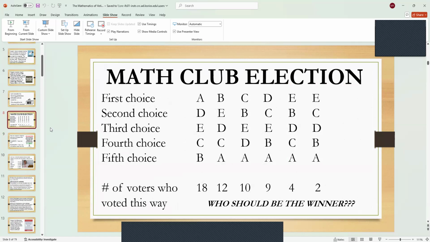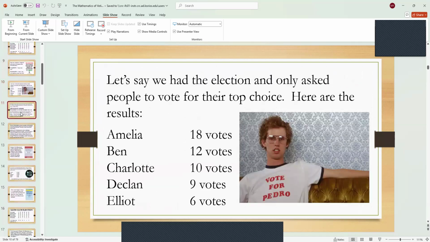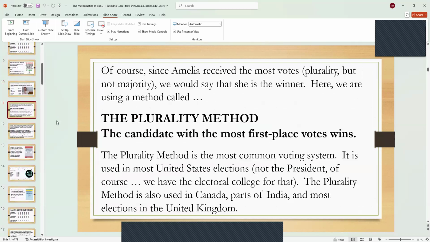Nobody has the majority. Amelia has the plurality of first place votes with 18. So if we just went with who has the most first place votes, Amelia would win. And that's one of the 5 methods we're talking about today. That's called the plurality method.